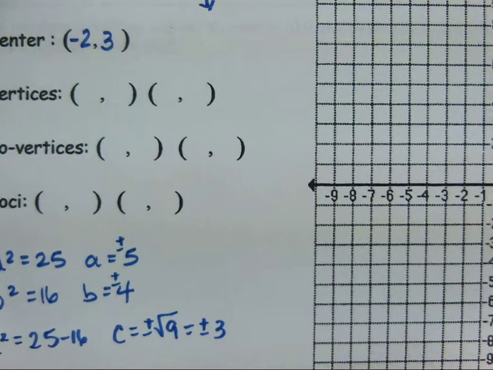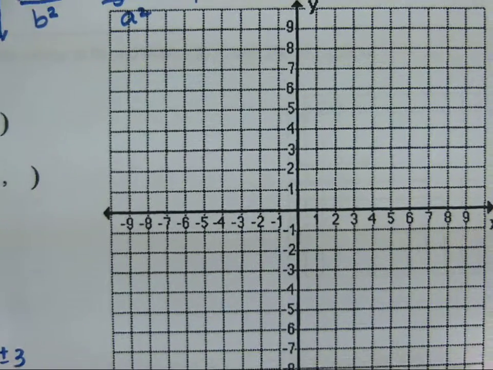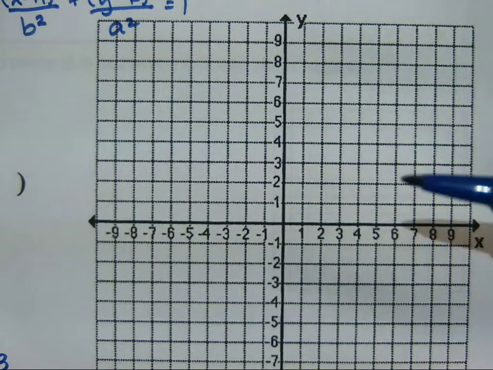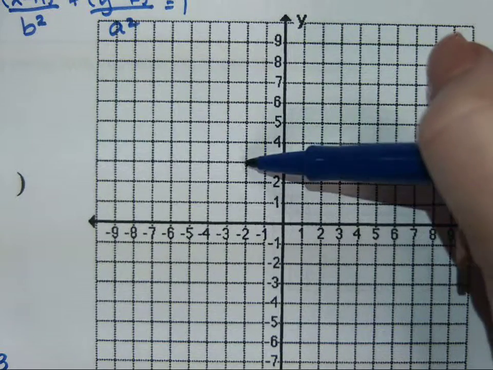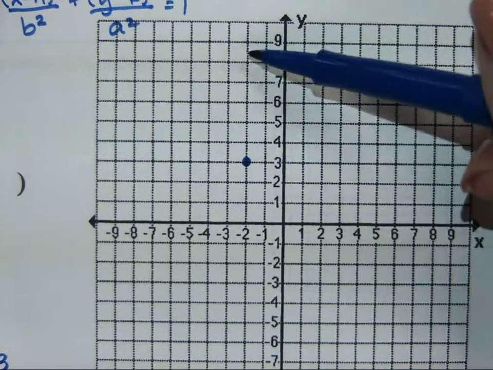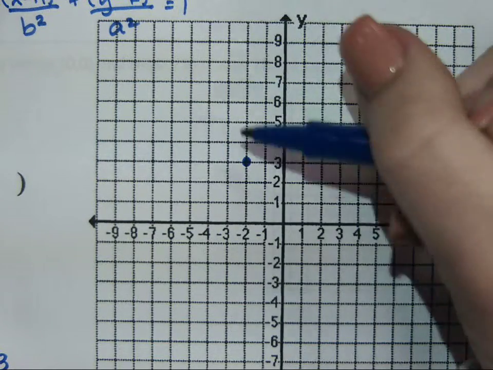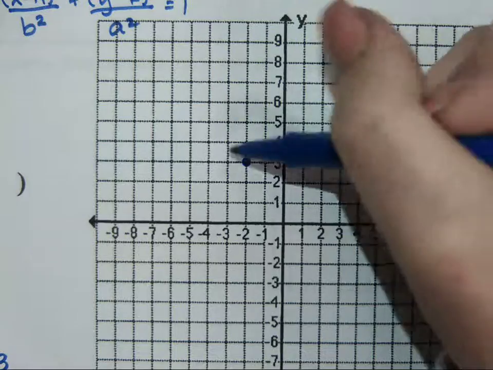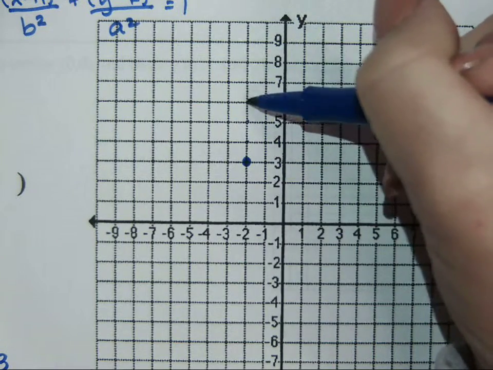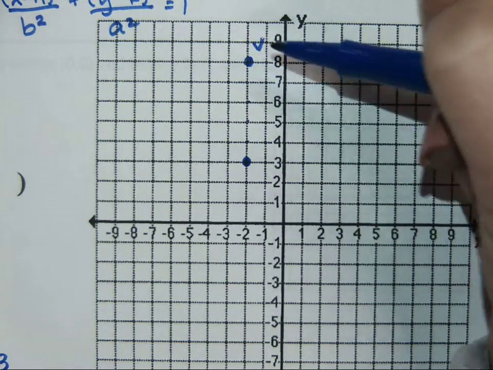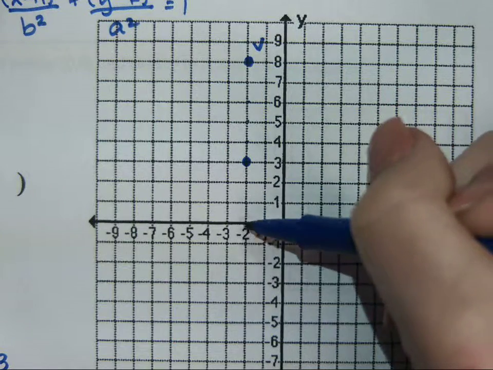All right, so let's find our center now. Our center was at (negative 2, positive 3). And now I have a longer major axis that's vertical. So I'm going to move from there up and down 5 units. 1, 2, 3, 4, 5. And that's a vertex. 1, 2, 3, 4, 5.